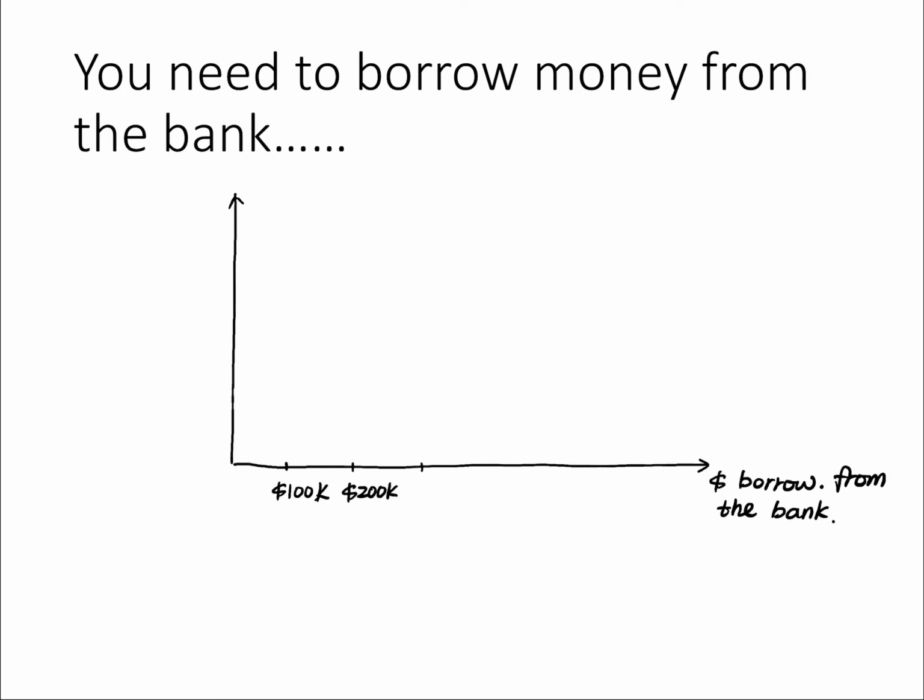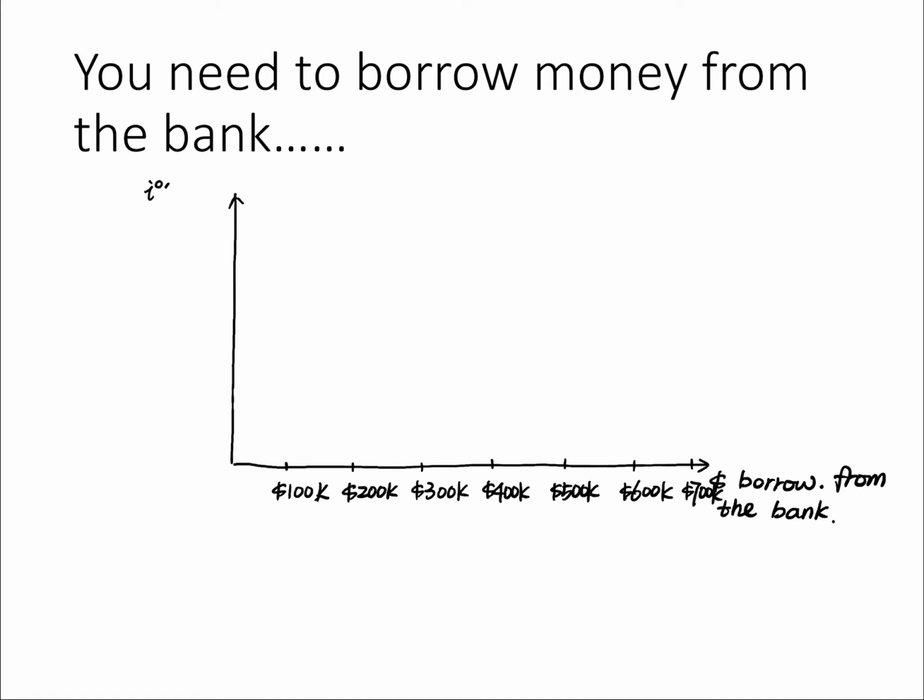So you might have, you can borrow first 100,000. I will say 100K, okay, to save some space, and then 200K, and then 300K, and then 400K, and then 500K, and then 600K, and then, well, they don't want to lend you 700K, but we still can draw it on this chart.